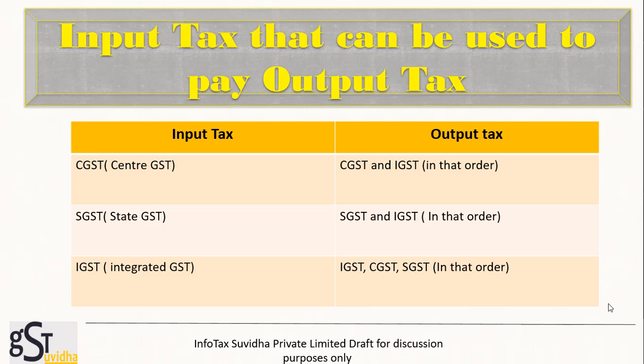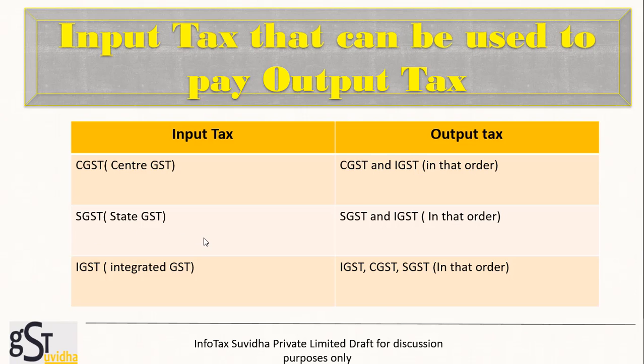Input tax that can be used to pay output tax. If you have purchased anything within state, then you may have paid CGST. So you can use CGST to pay CGST and IGST, but it has to be in that order. Again, SGST. If you have purchased any goods or any service within state, then you may have paid SGST.